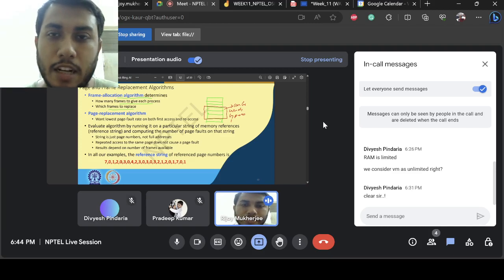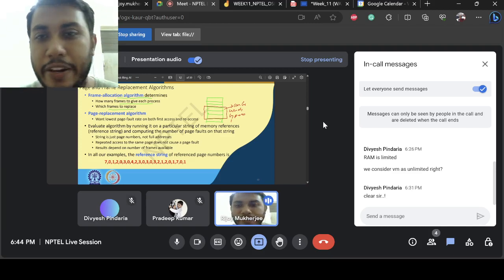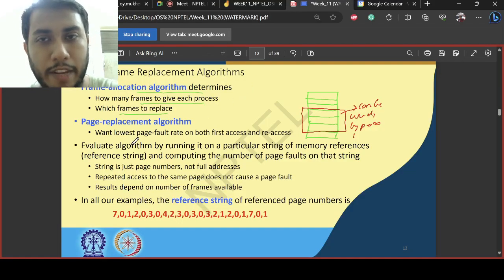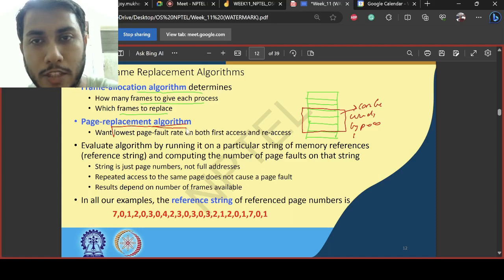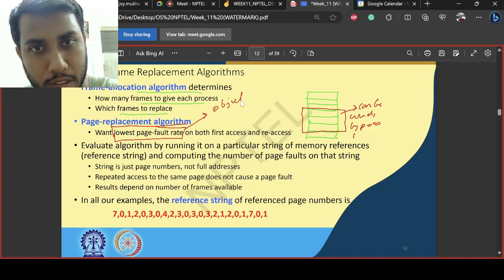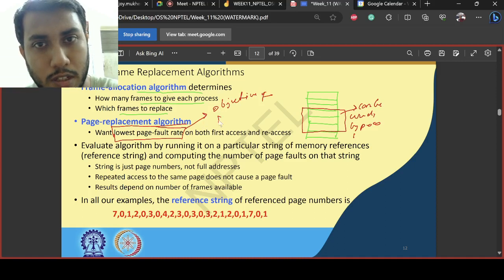Then your page replacement algorithm, the desire is we want the lowest page fault rate. So the main objective, the optimization that this page replacement algorithm wants to achieve, is the lowest page fault rate.